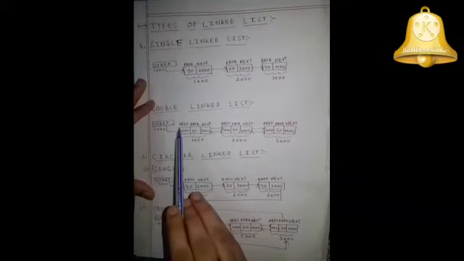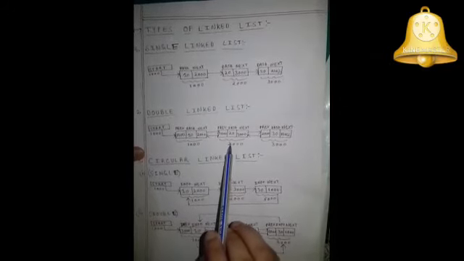Then we have the double linked list. A double linked list has two fields, one previous field and one next field. Here also the start or head node contains the address of our first node, that is 1000. The previous pointer of the first node is assigned a null value, which states that no node is present before it. Then 2000 is the address of our second node.